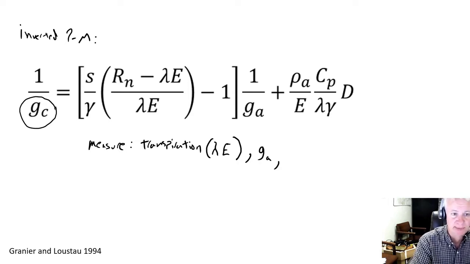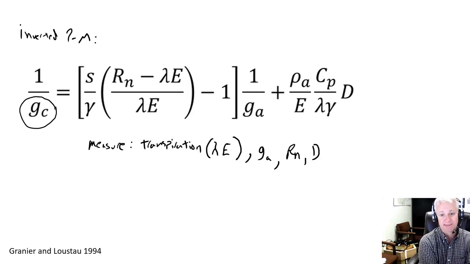If you measure transpiration, aerodynamic conductance, and then net radiation and vapor pressure deficit, which we generally measure with meteorological instruments. If you measure those things, you can then calculate canopy conductance. And just like at the tree level where I said crown conductance is a really powerful physiological measure, the same is true of canopy conductance.